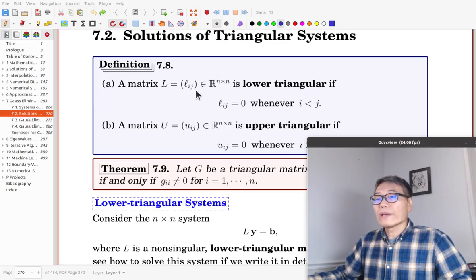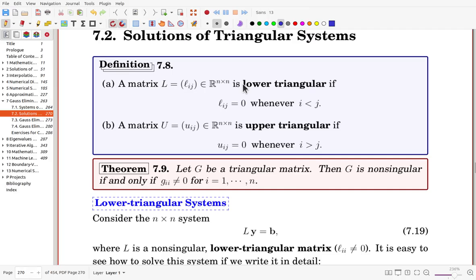A square matrix L is lower triangular if the entry is 0 when i is smaller than j, which means that for the given matrix, along the diagonal and below, these are possibly non-zero entries, but above the diagonal the portion is 0, then it is called lower triangular.